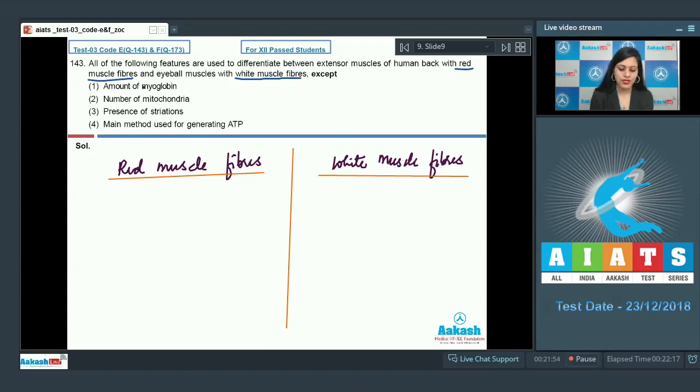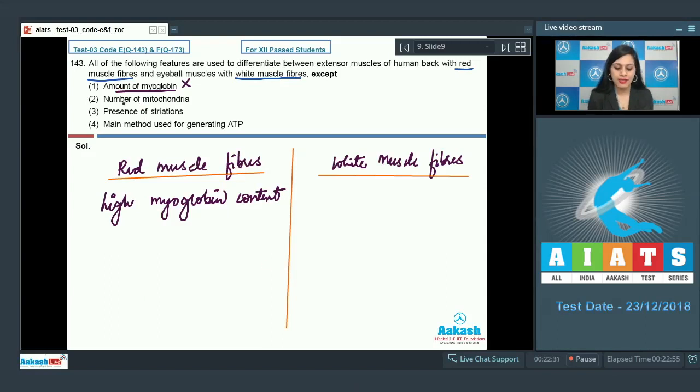The very first option given is amount of myoglobin, and based on this we can differentiate between red and white muscle fibers. So this is an incorrect option because red muscle fibers have high myoglobin content in comparison to white muscle fibers.